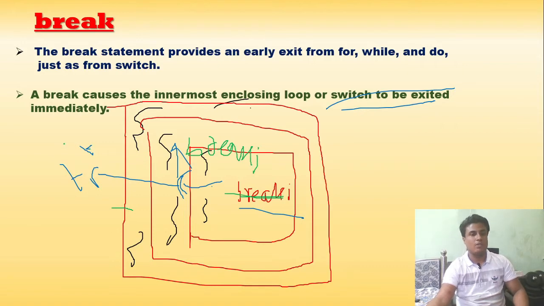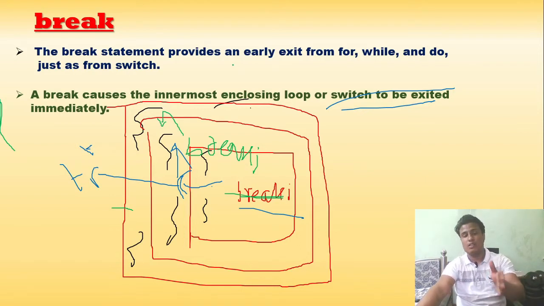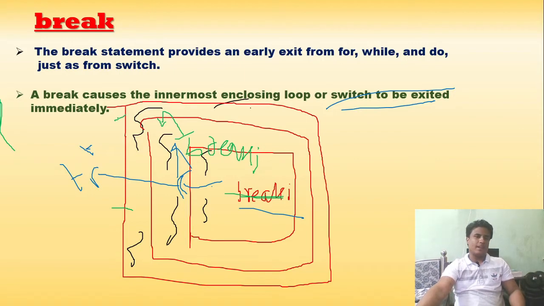It will just come out of this block to the outer block, this block, because it is the nearest. So we just come out of this second innermost block to the first one. It will take you out of the loop to the nearest loop. It will not take you out from the farthest one, but the nearest one. Hope it is clear to you.